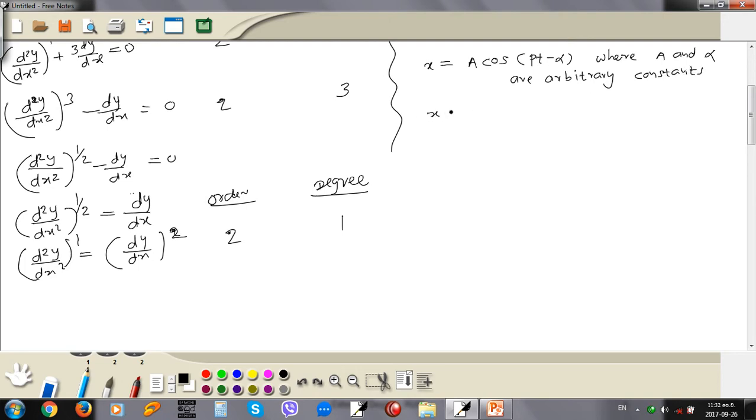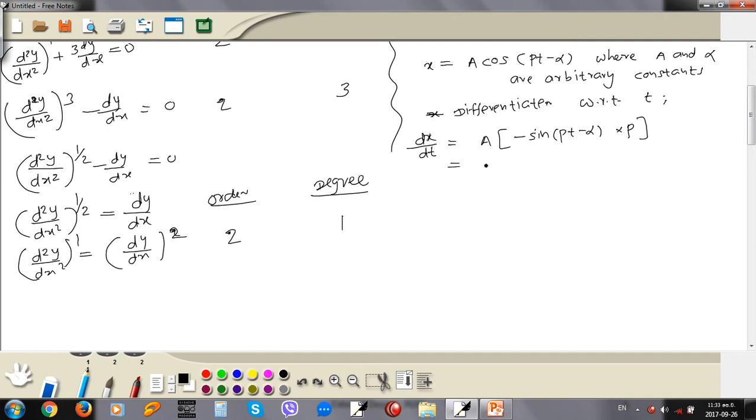So we can first differentiate with respect to t, right? Because here the independent variable is t, we can create dx/dt = a is a constant, the derivative of cos is −sin(pt − α) times the derivative of pt, that is p, right?